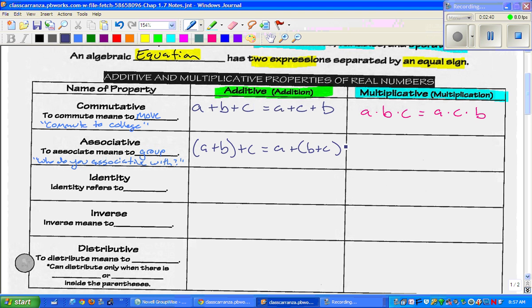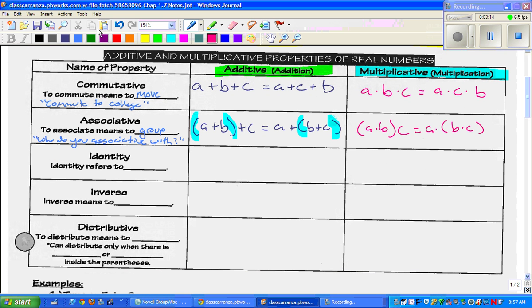And no matter which way the group is ordered, you still get the same answer. Notice how the parentheses are around the A and the B, but later they're around the B and the C. You'll still get the same answer. All right, let's look. Does that work with multiplication too? You tell me, guys. No matter what those numbers are, you're going to get the same answer.